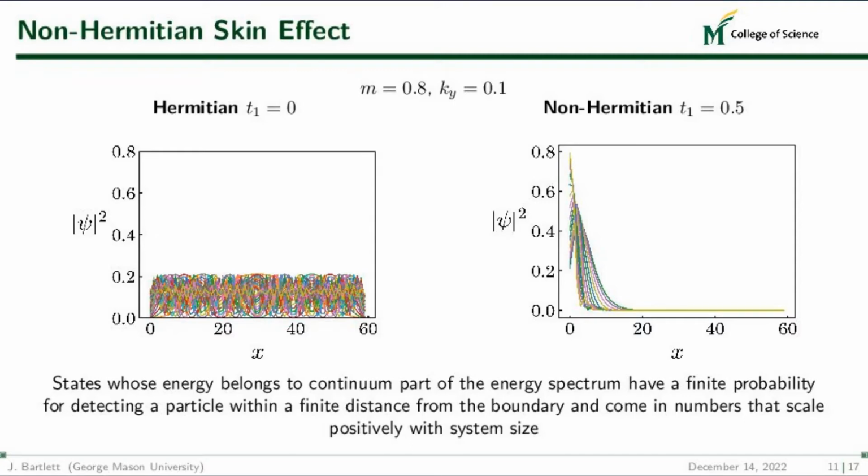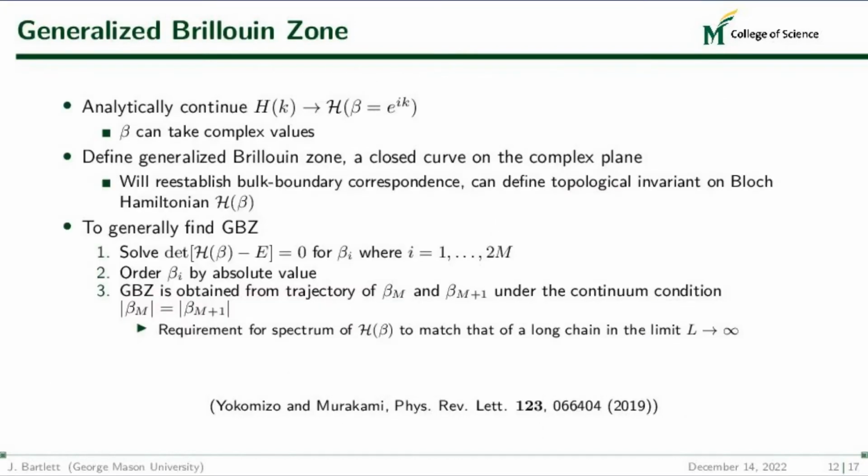And so in order to define this topological invariant or characterize these non-Hermitian topological insulators, we need to account for the fact that these bulk states are now all localizing to one side of the lattice. So we do that using what's called the generalized Brillouin zone concept. This was laid out by this reference I have listed at the bottom.